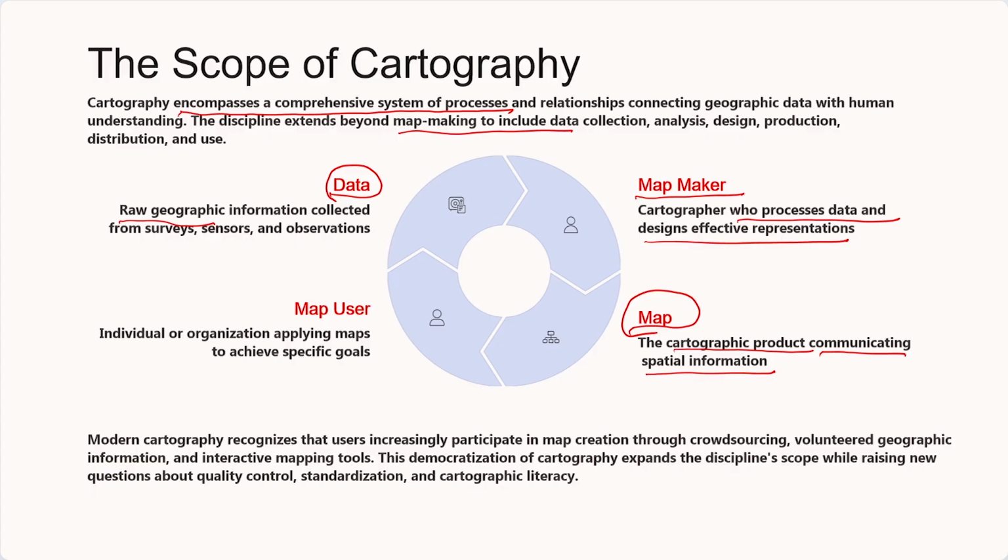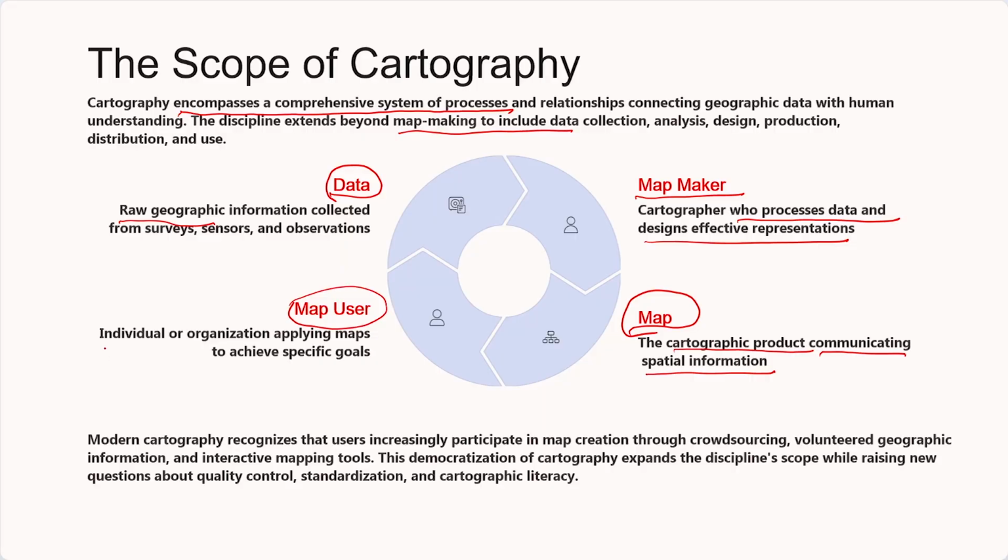When you do not represent the information, that will not be considered as spatial information. If your information is not related to spatial information, you will not be able to take any type of decisions. So, the map user will take the decision based on whatever the map tries to explain, and here any individual, any organization will use the map to achieve specific goals.